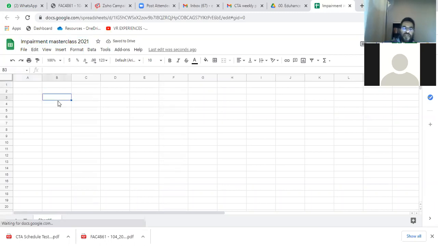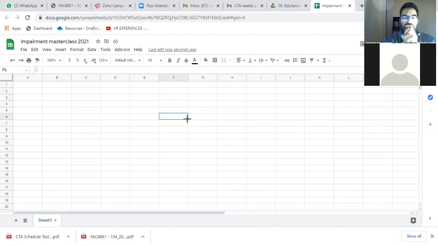So the way we will test for impairment is as follows. We need to do an impairment test for the wholesale division, okay? And the wholesale division is a CGU.